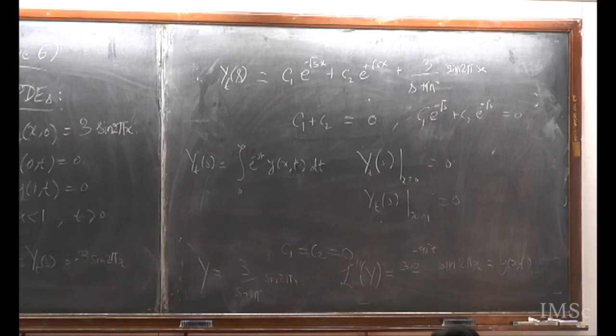The starting temperature, let's say, is 0, but you start heating it and you want to find out what will be the temperatures at an arbitrary point as time increases. This is governed by the heat equation.